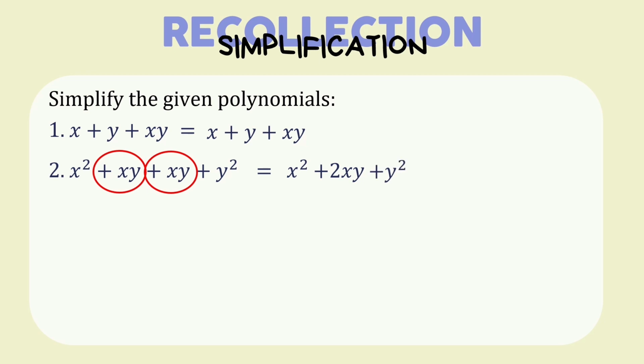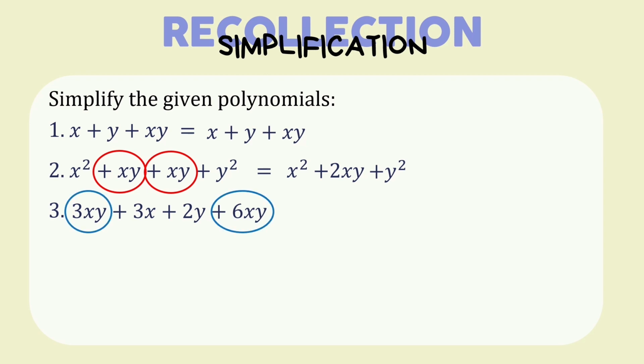Another example, 3xy plus 3x plus 2y plus 6xy. Our only similar terms here are 3xy and 6xy since they both have the variables xy. Thus, if we simplify this, 3 plus 6 will be 9, and with the xy, this will be 9xy. Copy the others because they were untouched.